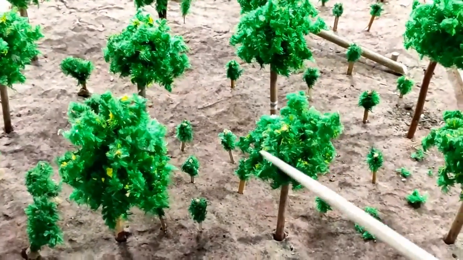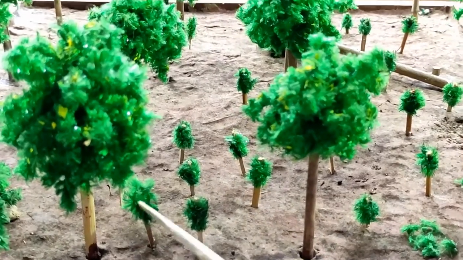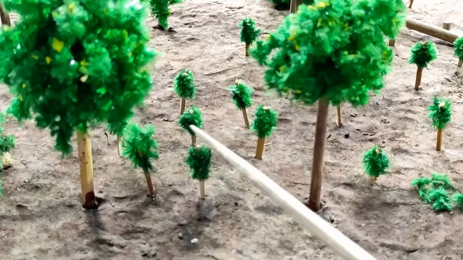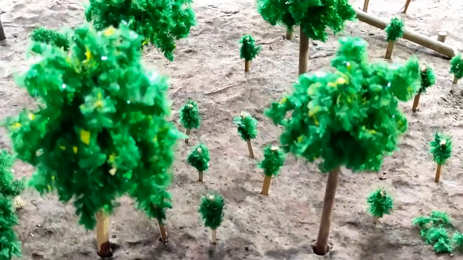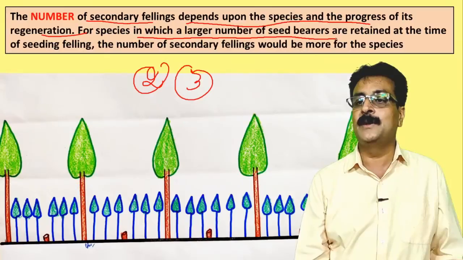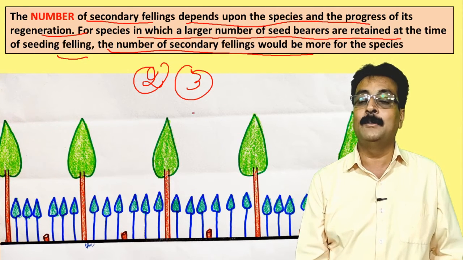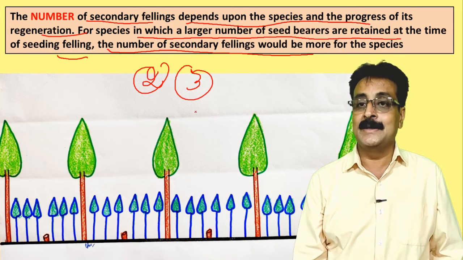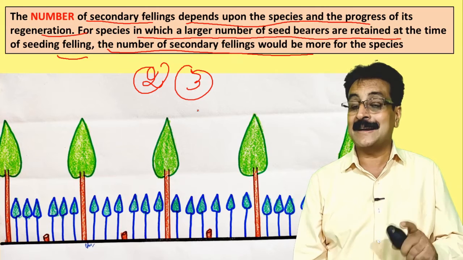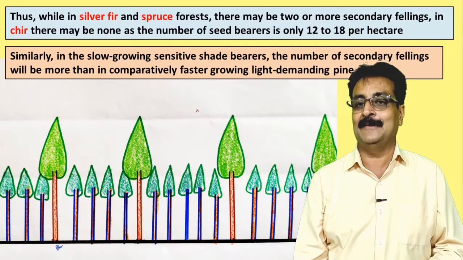Where your regeneration is not coming up and you cannot go for a single secondary felling, slowly you will fell those overwood and admit the light as the regeneration keeps on growing. So for such species, a large number of seed bearers are retained at the time of seeding felling, so the number of secondary fellings will be more. If we are keeping more seed bearers in seeding felling, then when secondary felling comes, we have to go for 2 or 3 secondary fellings.